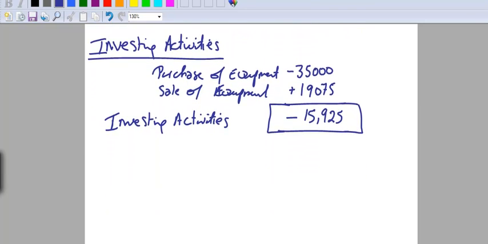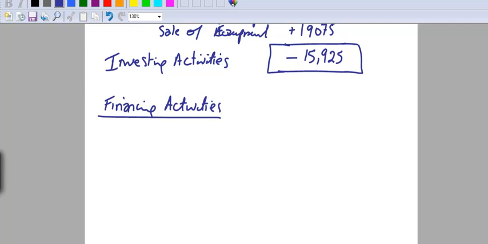So we've done that. Finally, financing. The financing activities are going to be a few things. We issued shares at $18 a share, and we issued 3,500. $63,000 of cash comes in.